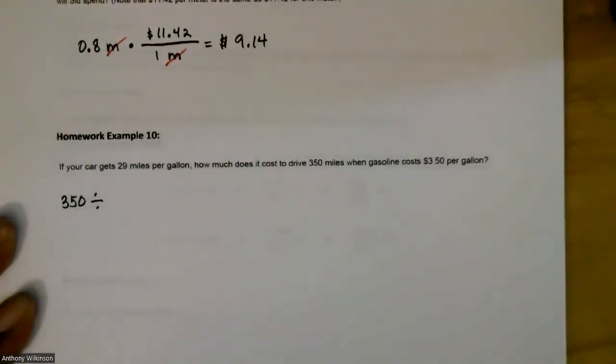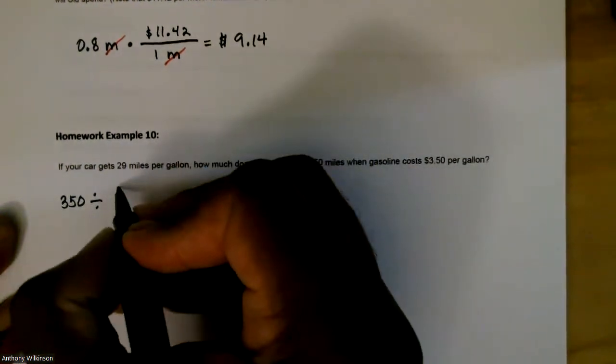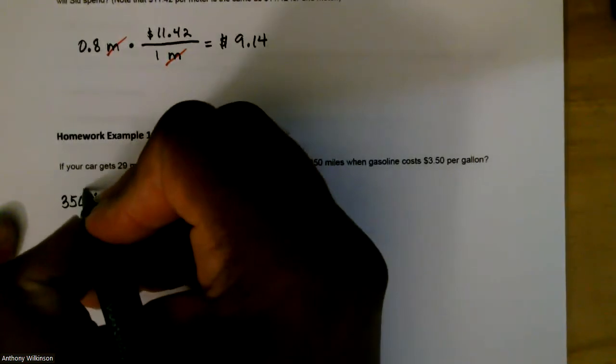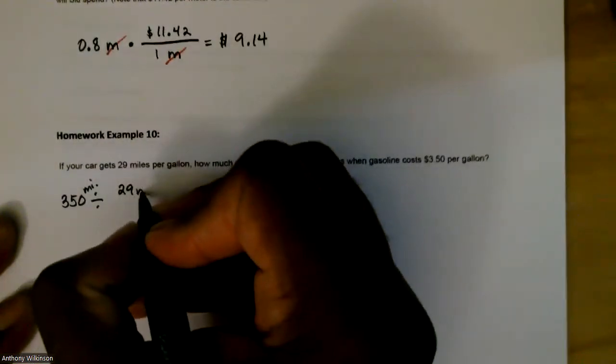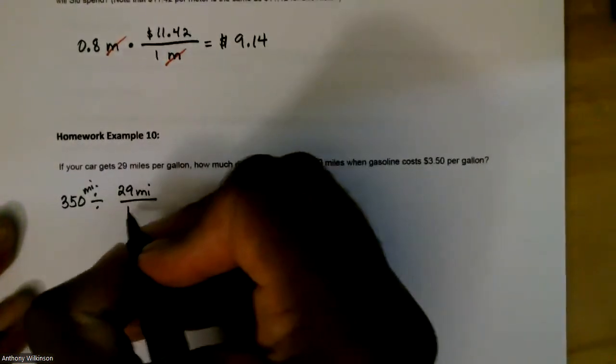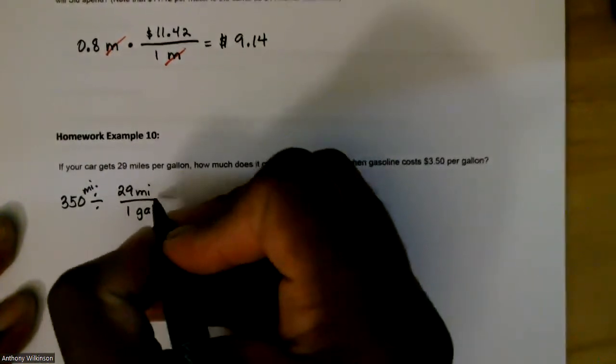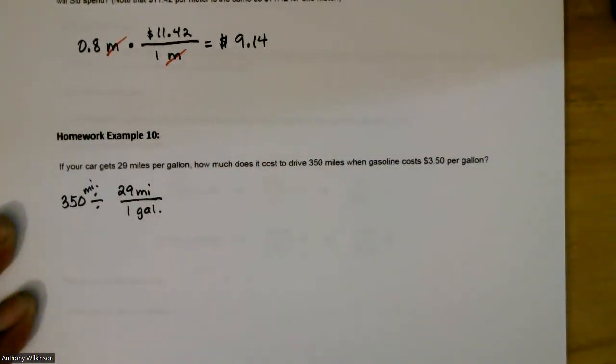Your car gets 29 miles per gallon, so we need to do some division here. We're going to divide by 29 miles per 1 gallon. Notice I'm abbreviating miles and gallons here.